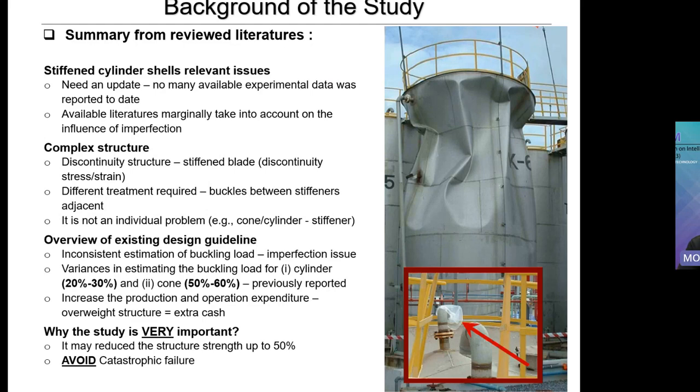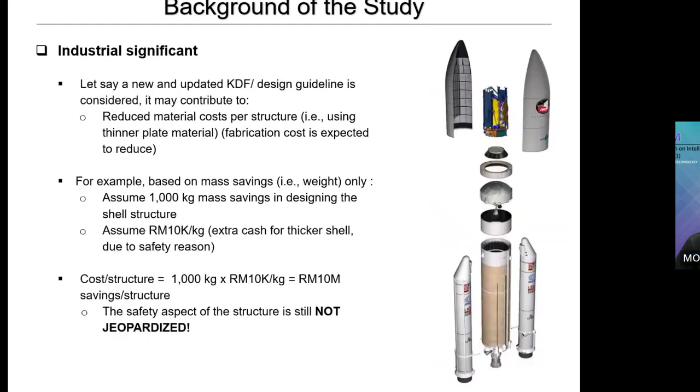The study is very important as imperfection may reduce the structural strength by up to 50%. So, as it may reduce the structural strength by up to 50%, we need to avoid this catastrophic failure. This study can be aligned to industrial significance.